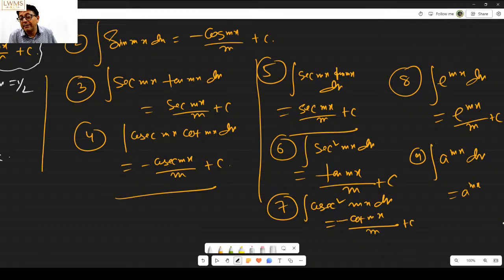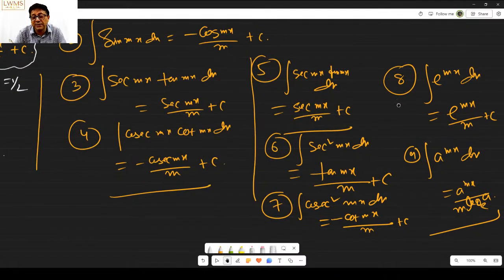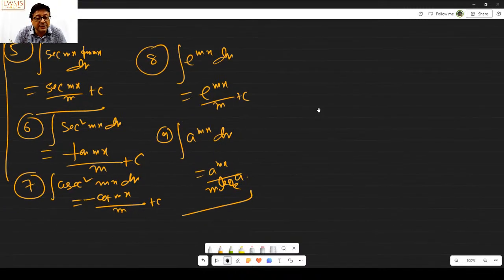This will be a to the power mx by m log a, plus c over there, of course. So all these formulas will help you to solve indefinite integration from your textbook or any JEE book, Tata McGraw-Hill, and so many good books are there, you can practice from anywhere. These are the concepts needed.